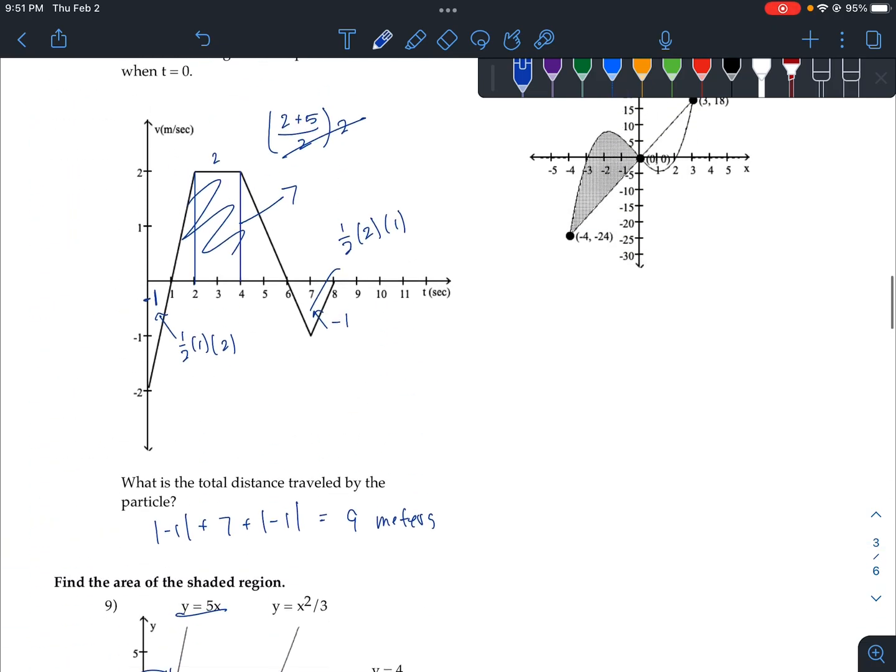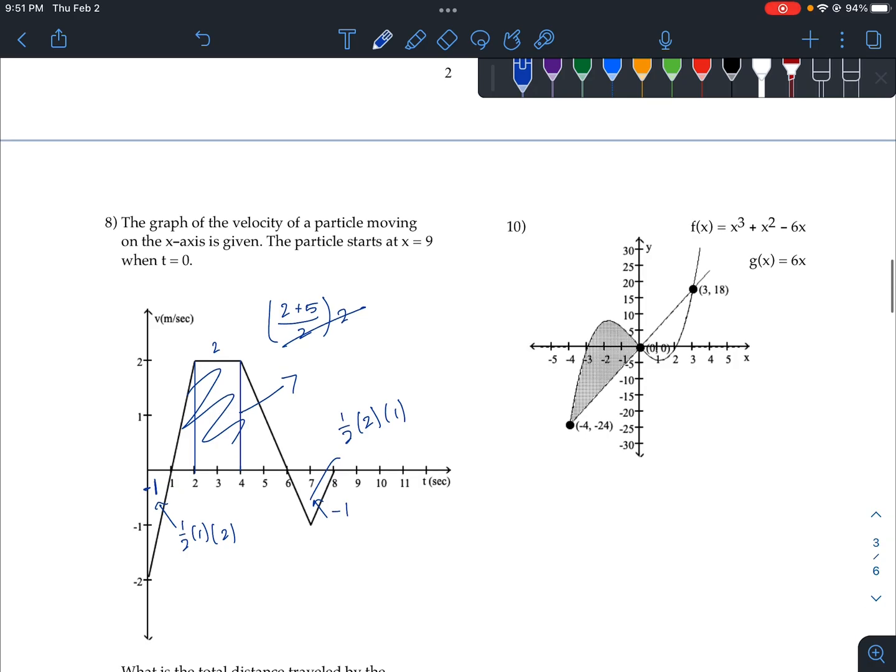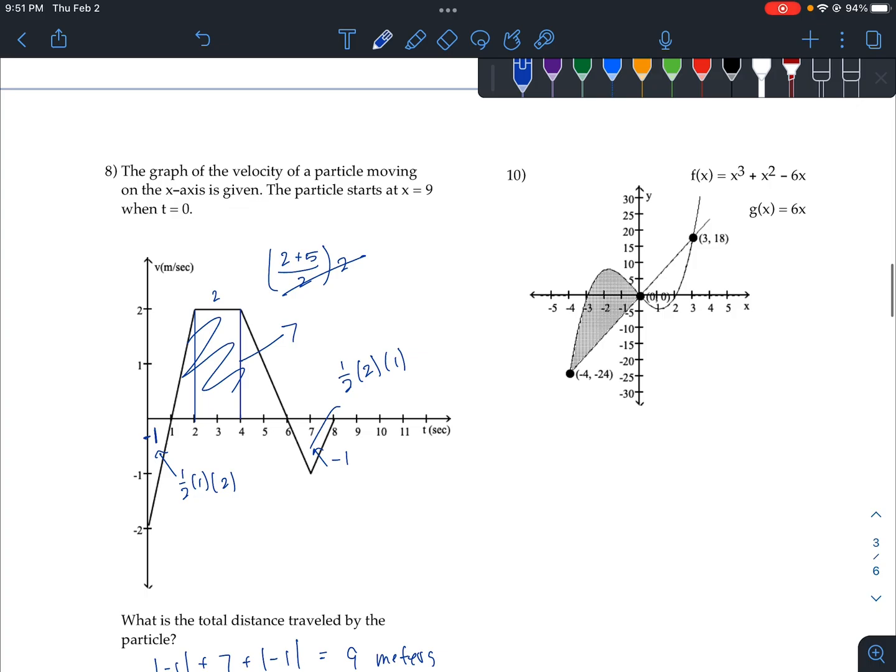Okay, let's try number 10. Same deal, we're just going to be finding the area here. So we want to find this region right here. Good thing here is that it already gives us the intersection. So it looks like we're integrating from -4 to 0 in the x direction, of the function that is above.